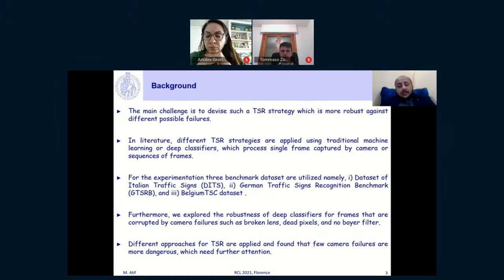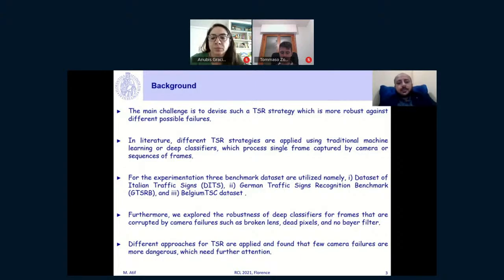Some TSR systems process a single frame, while a few studies process sequences of frames, using the sliding windows concept. For the experimentation, we are using 3 benchmark datasets: the Italian traffic sign dataset, the German Traffic Sign Recognition Benchmark, and the Belgium traffic sign dataset.